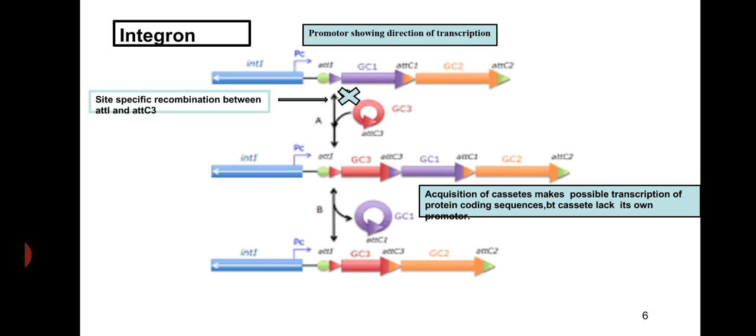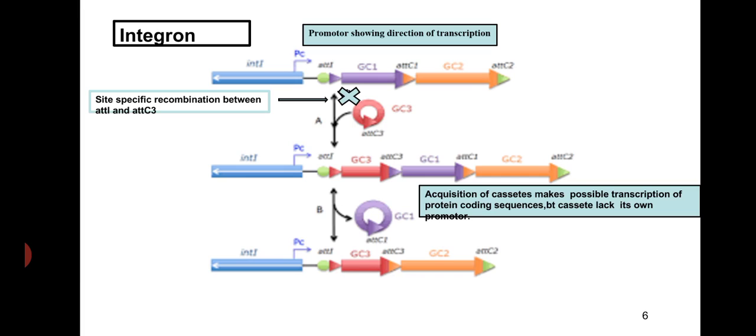Here in this figure you can clearly see the function of integrons and the incorporation of the GCs, that is the gene cassettes. The integrons may be found as part of mobile genetic elements such as plasmids and transposons, and on chromosomes also. We have just discussed this before.